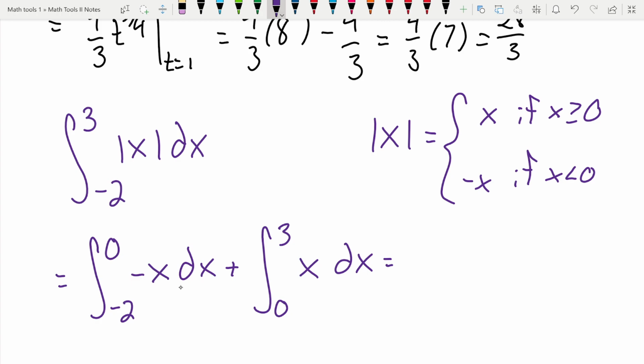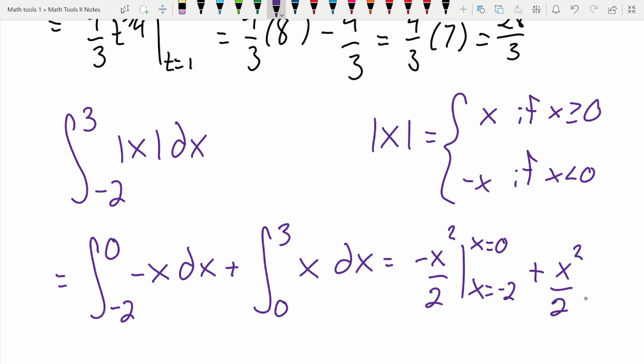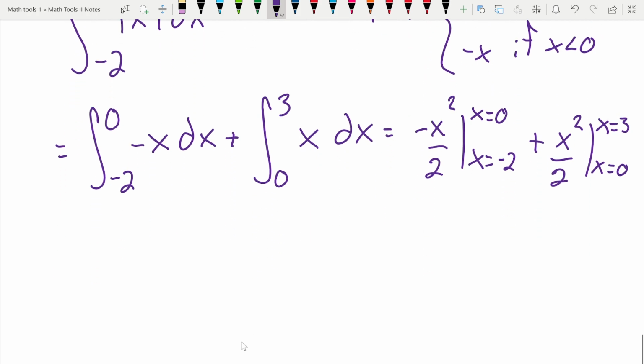Anyway, if we do this, then we have two separate integrals. Negative x would be negative x squared over 2, and we're evaluating that from x equals negative 2 to x equals 0. And then x is x squared over 2, going from x equals 0 to x equals 3. So we'll go ahead and do all this.